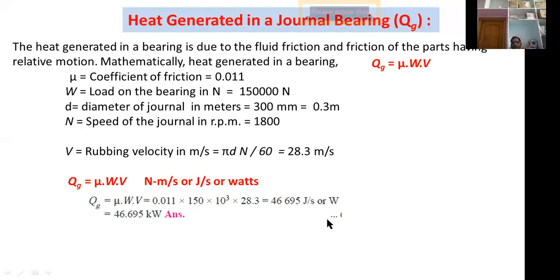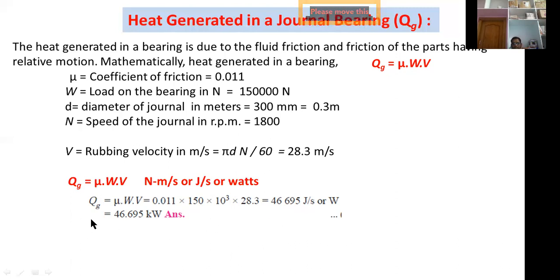Now, to get kilowatts, you have to divide this value by 1000. We got the answer in kilowatts.